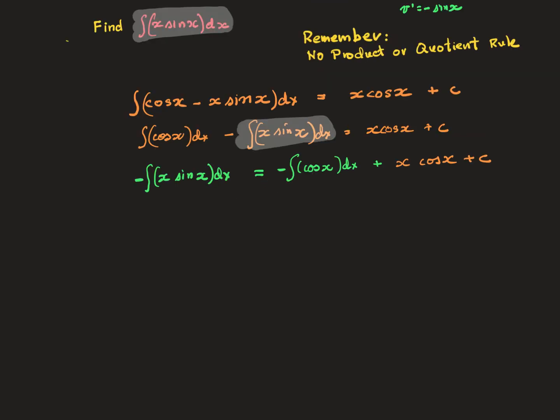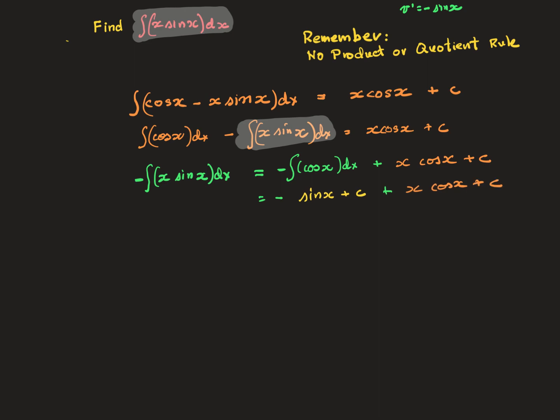And we're so close to finishing now. We just know that the integral of cos x is equal to sin x plus c, and then we will add on our x cos x plus c.